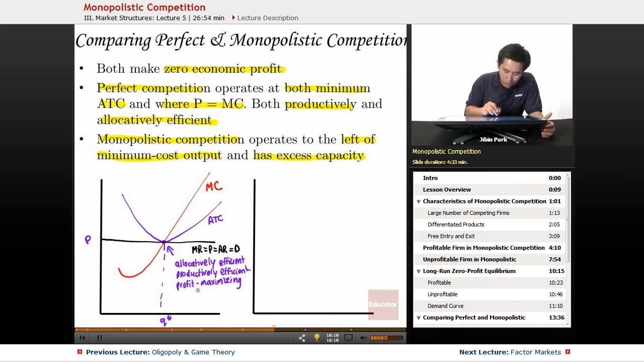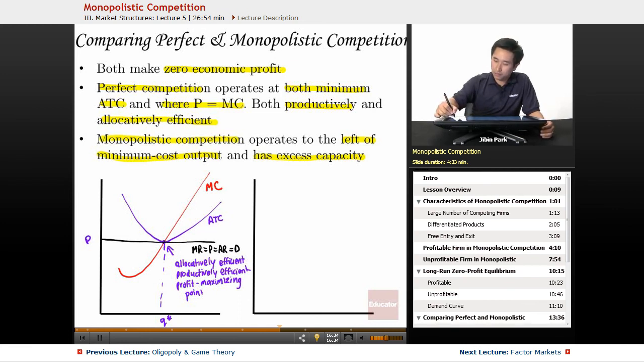Well, it's almost coincidence. They're not producing because it's allocatively or productively efficient. They're really producing because it's also the profit maximizing point. That's where the marginal cost equals marginal revenue. Now it just happens that that's what's also best for society. But again, individuals and firms are going to do what's in their best interest, and that's just basically how the world works.